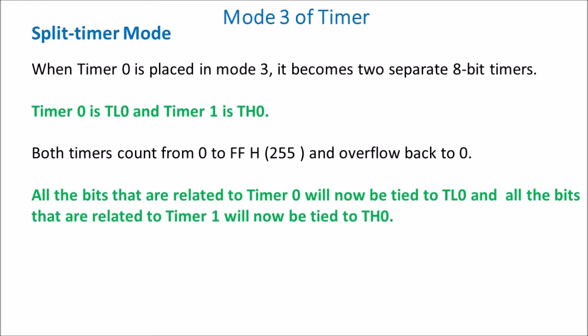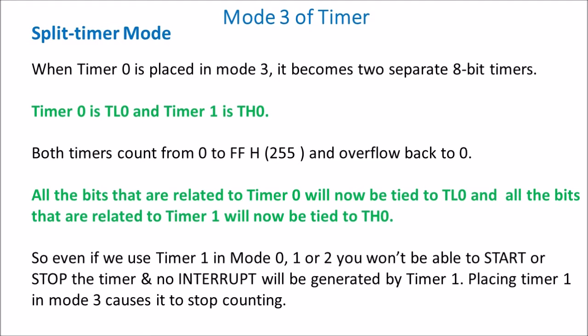So actual timer 1, we cannot use in mode 0, 1 or 2 because the bits associated with timer 1 are now associated with TH0, which is used as a timer 1. So we cannot start or stop actual timer 1. No interrupt will be generated by timer 1.